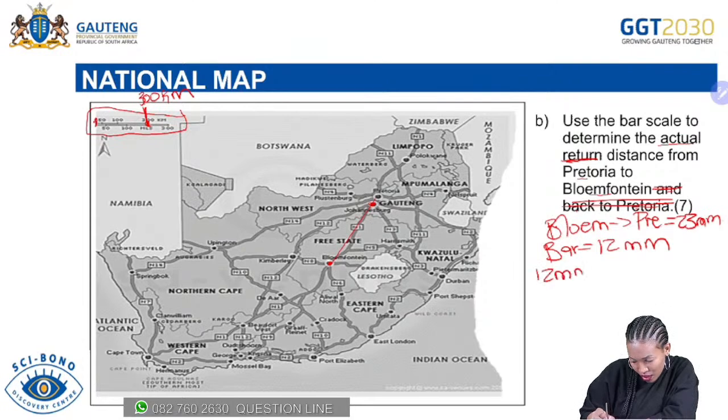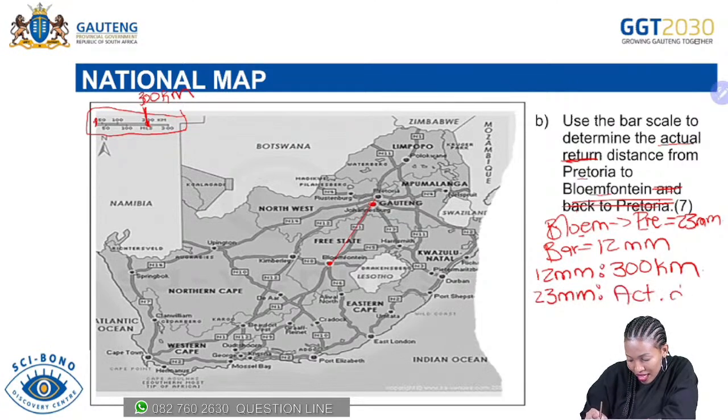12 millimeters on the bar scale is actually equivalent to what? To 300 kilometers. I have the measured distance from Bloemfontein to Pretoria. It is what? It is 23 millimeters. So I want my actual distance. Guys, this side we've got millimeters and millimeters. The units are the same, they will cancel. So it means whatever distance I'm going to get here, it is going to be in kilometers.